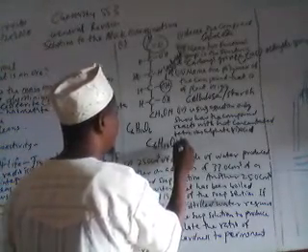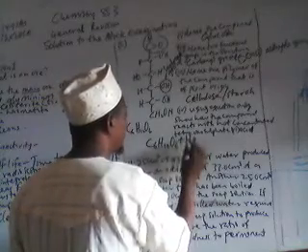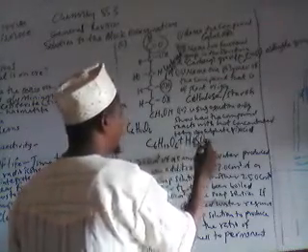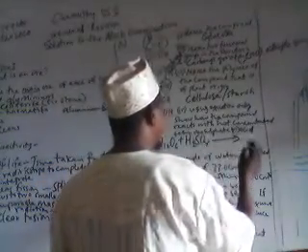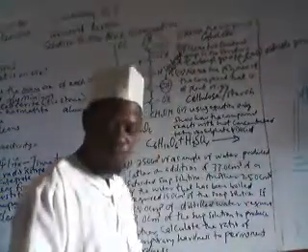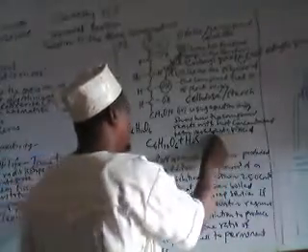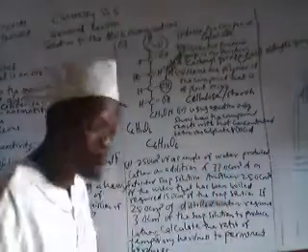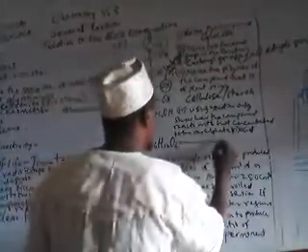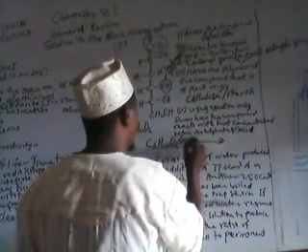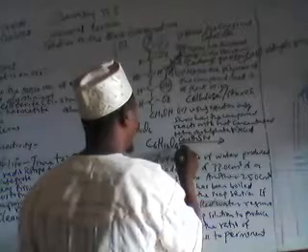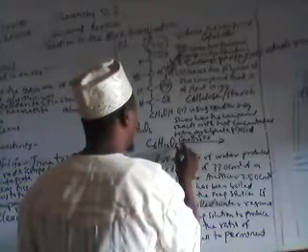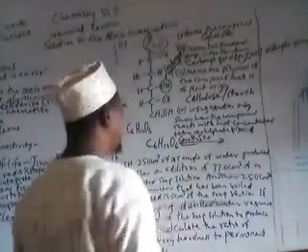Now, C6H12O6 with the presence of hot concentrated tetraoxosulfate 6 acid. If you like, I can put it on top of the arrow. If you like, I can put it as a reactant. It will give us, let's put it on top of the arrow. That is more appropriate. So what will happen there when dehydration is taking place?